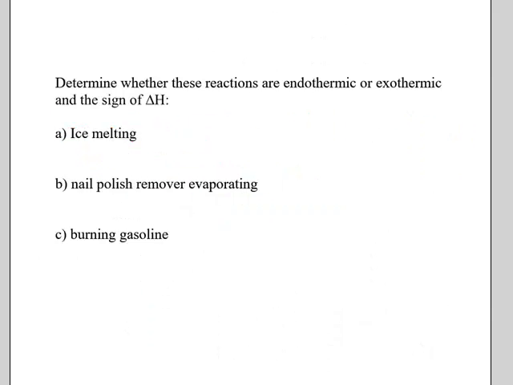Endothermic and exothermic reactions, we're already familiar with those, so you should also be able to look at some pretty simple examples of chemical reactions or physical changes and determine whether they are endothermic or exothermic. So for example, ice melting.